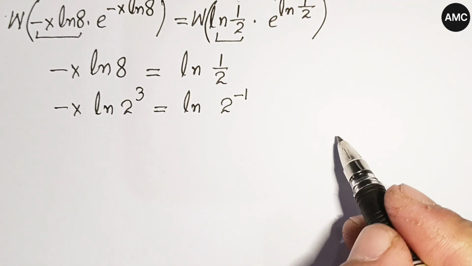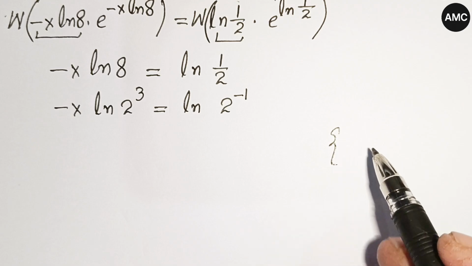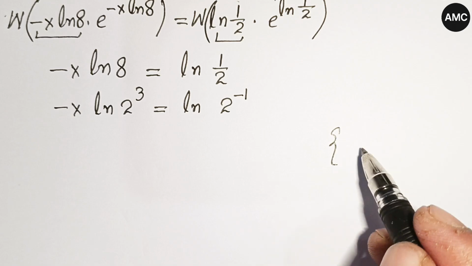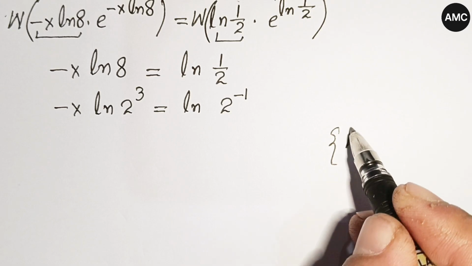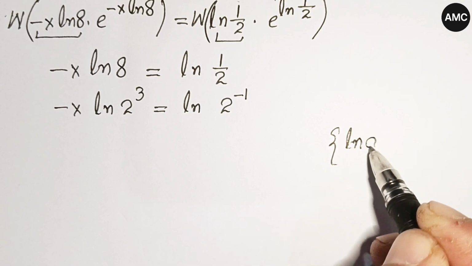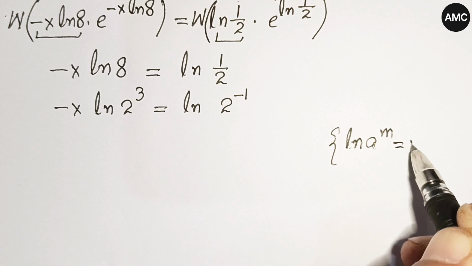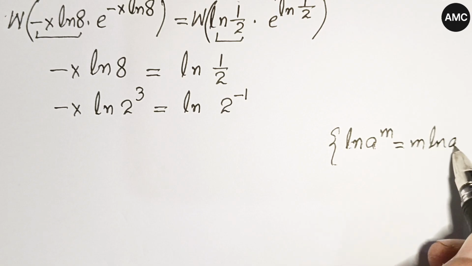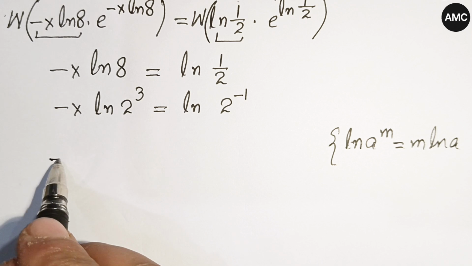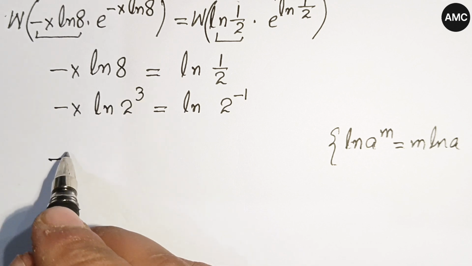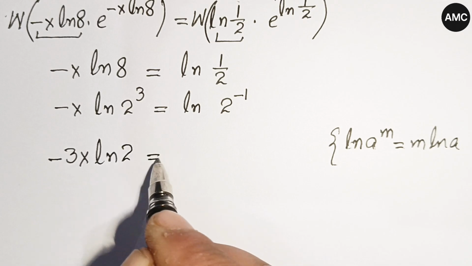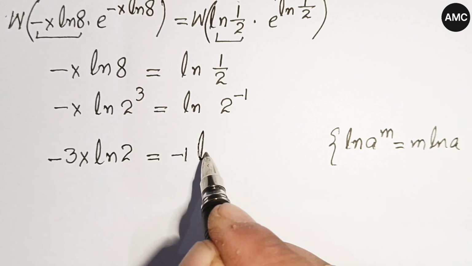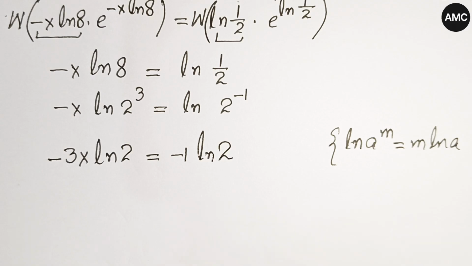Now applying the natural log law, according to the power law, if we have natural log of a to the power m, it is equal to m natural log of a. So here this 3 is shifted, and we get minus 3x times natural log of 2, that is equal to minus 1 natural log of 2.